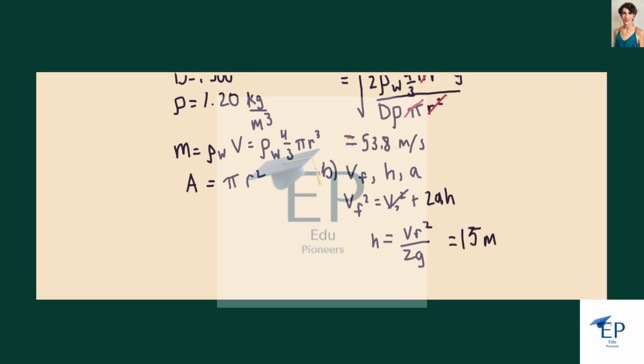And then I'm going to revise this: I square my last answer again and divide by 2 times 9.81, and I get 148 meters. Sorry for any confusion.